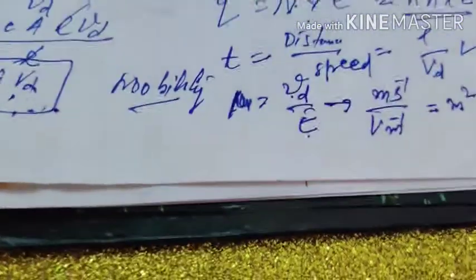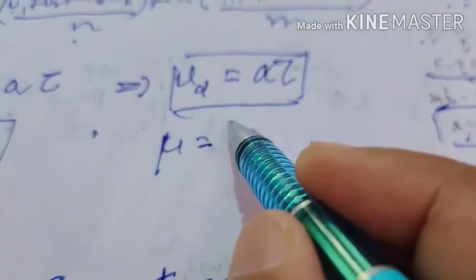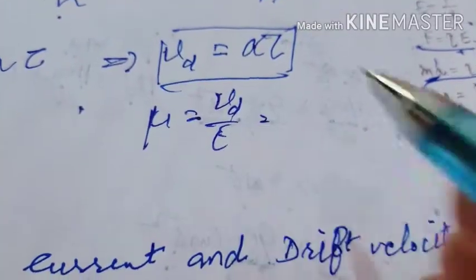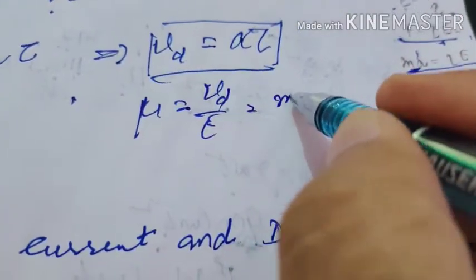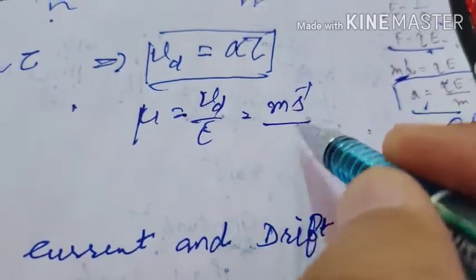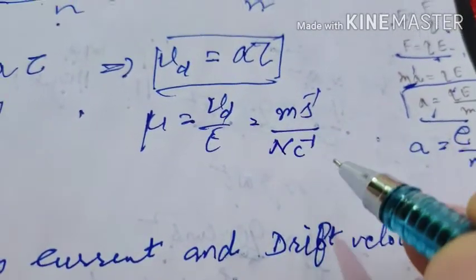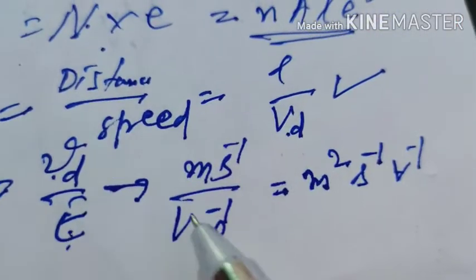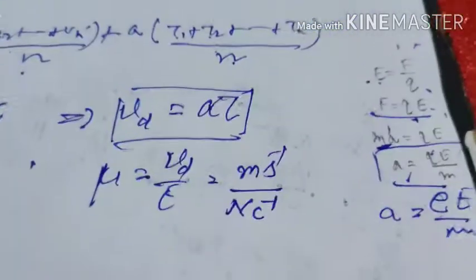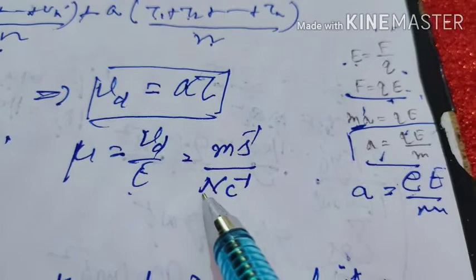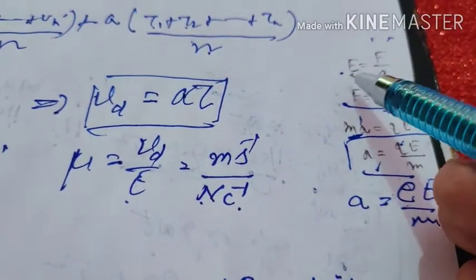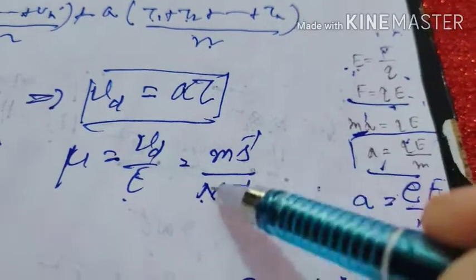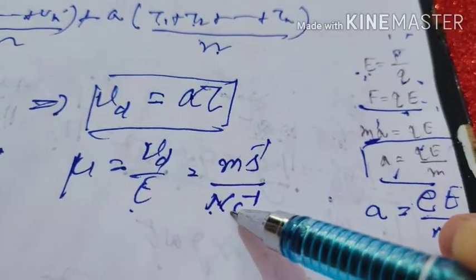Again, let me explain. Mobility is drift velocity per unit electric field. Drift velocity, it is meter per second. Electric field, Newton per coulomb. Here I have used for electric field volt per meter, and here for electric field I have used Newton per coulomb. Electric field is force by charge, force is Newton, charge is coulomb, Newton per coulomb.